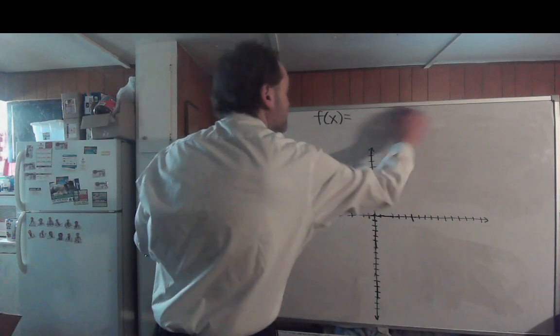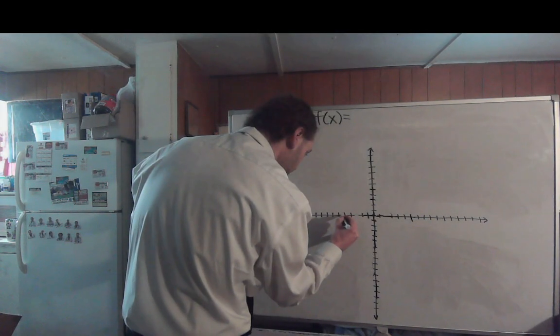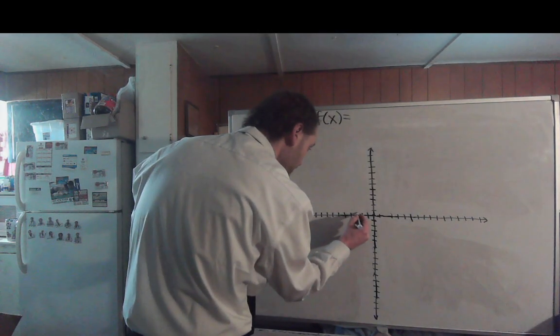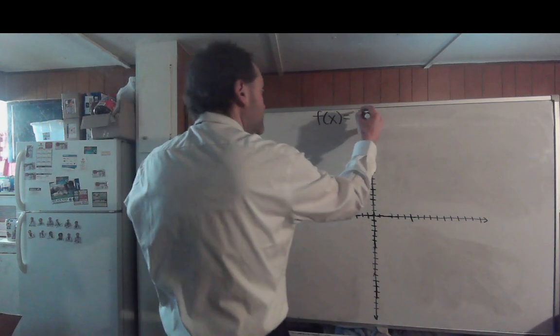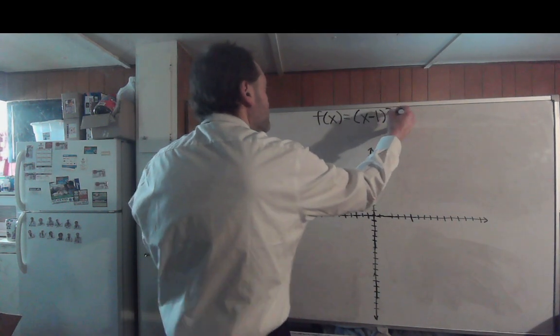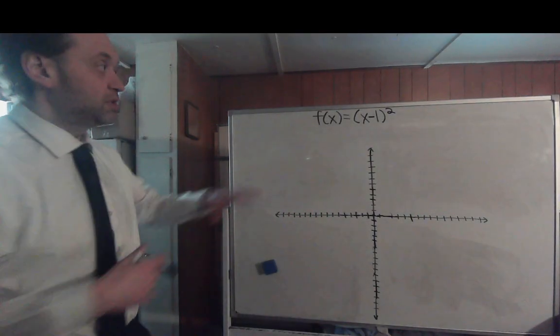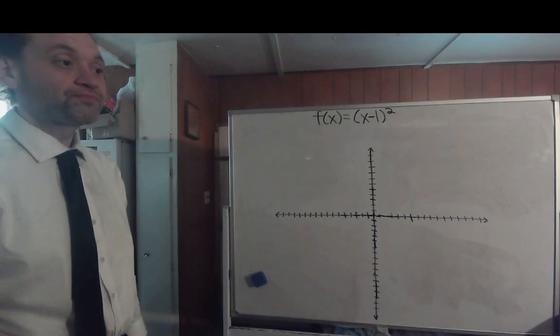You're going to see just how different. Alright, so let's say I had f of x equals x minus 1 to the second power. Just plain old f of x equals x minus 1 to the second power.